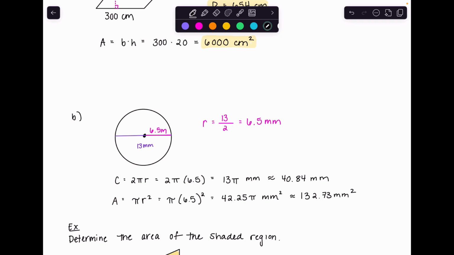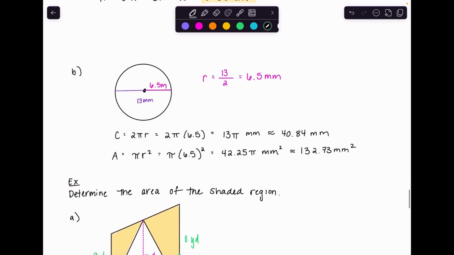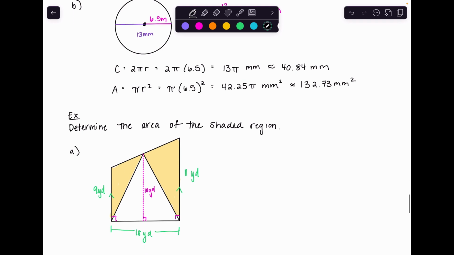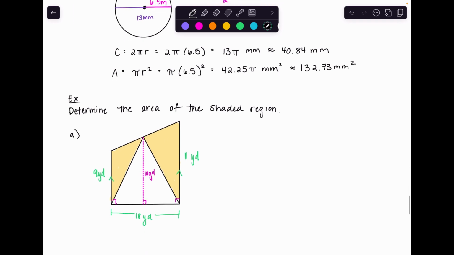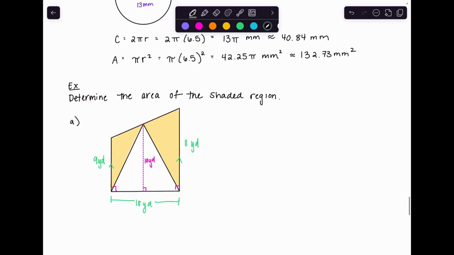So this is just two examples, but we're going to work with the other shapes in the next examples as well to try to figure them out. So we're going to determine the area of the shaded region. This is going to require a bit more work because ultimately I have two different figures going on here.